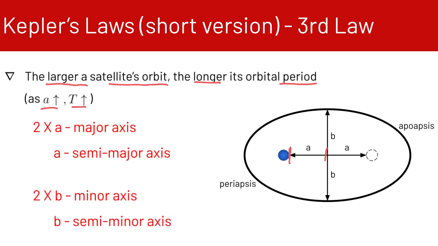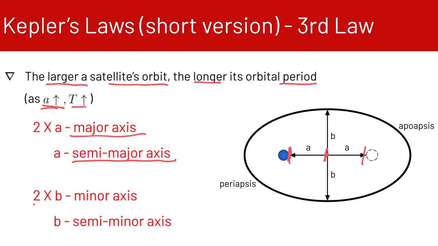So 2 times A, this distance, is called the major axis. And just half of that, or 1 A, from the center of the ellipse out to the focal point is called A, the semi-major axis. So as A increases, this distance from the center of the ellipse out to the focal point, which is where the central body sits in an elliptical orbit, the period T increases.